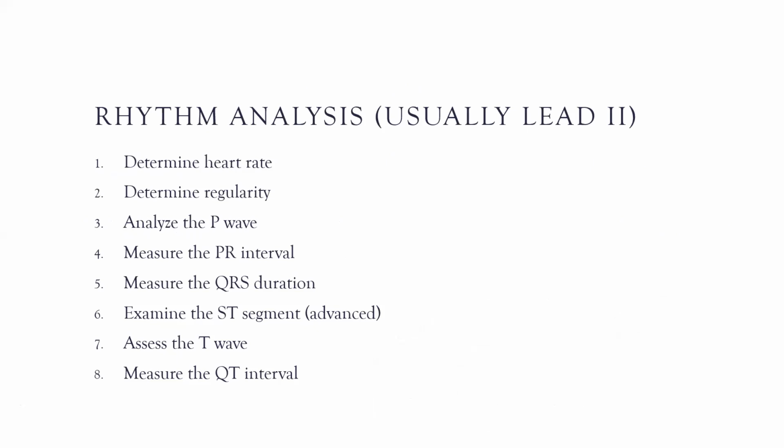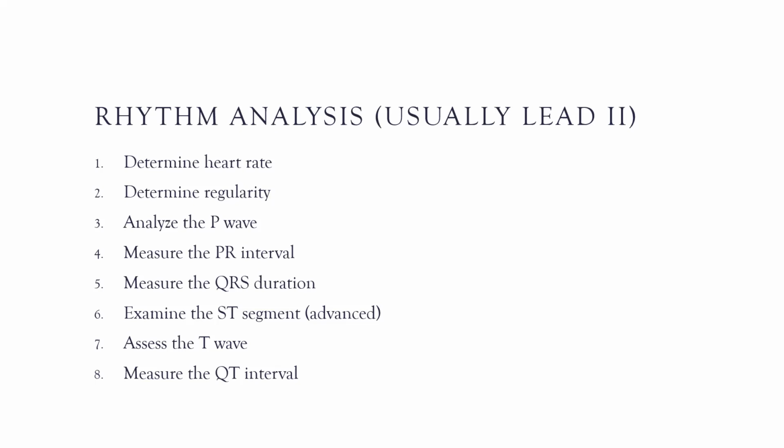These are the things that you do in order to determine what's going on with your rhythm. It takes lots of practice, but sooner or later, you will get to the point where you are doing all these steps and you don't even realize it. If you practice this enough times, you can look at a rhythm and boom, just like that, know exactly what's going on.